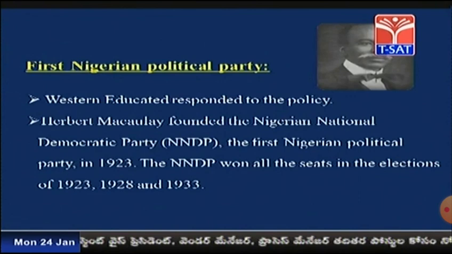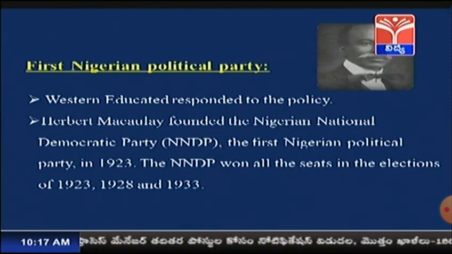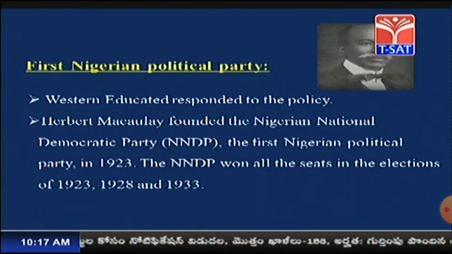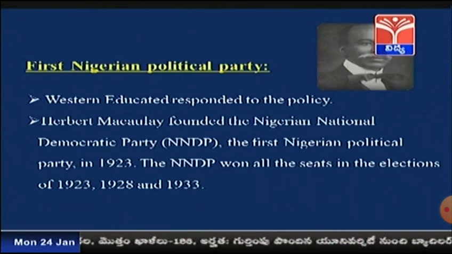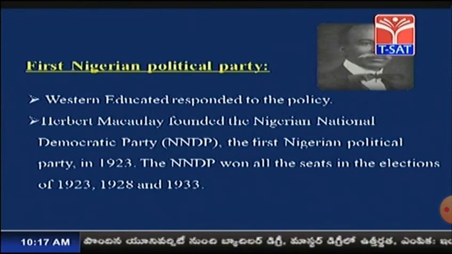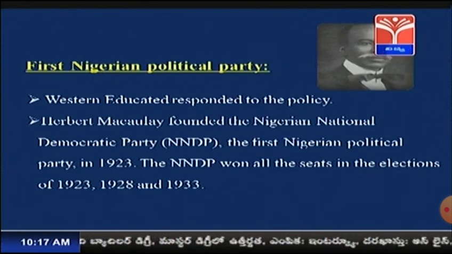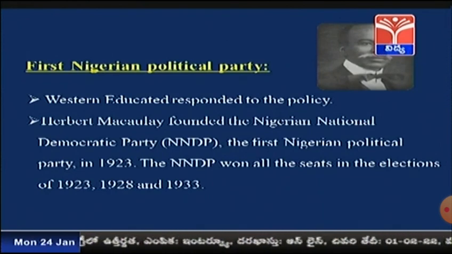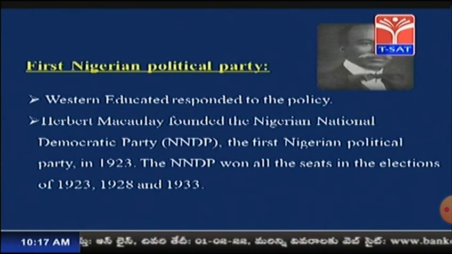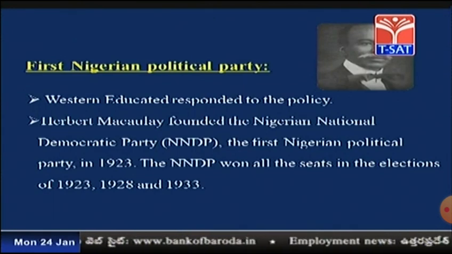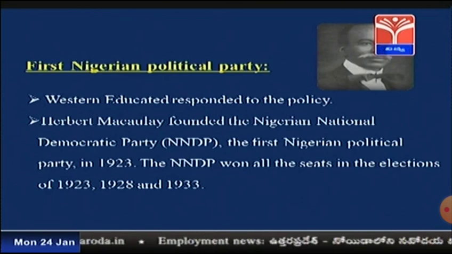It was founded in the year 1923. And NNDP won all the seats in the elections of 1923 and even after that in 1928 and 1933. This party was a response to the divide and rule policy.